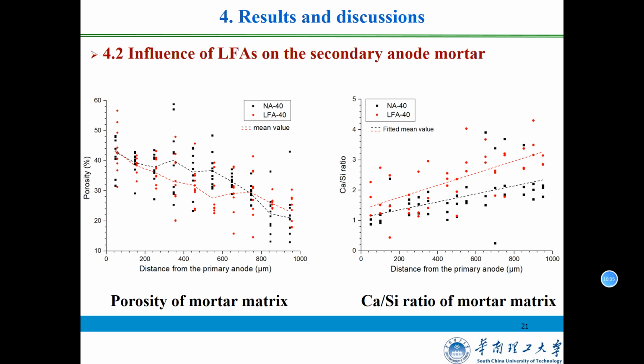In the region beyond 150 micrometers, the porosity of specimen LFA was lower compared to the reference specimen, indicating that the functional aggregates halted the propagation of the acidification damage in this region.